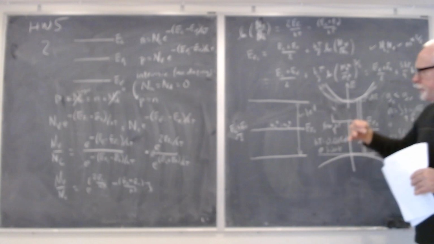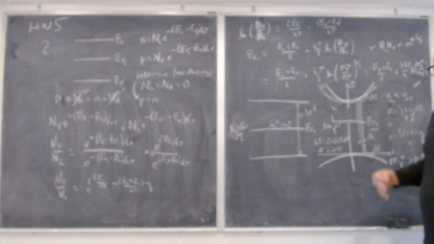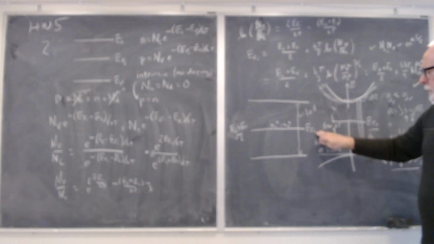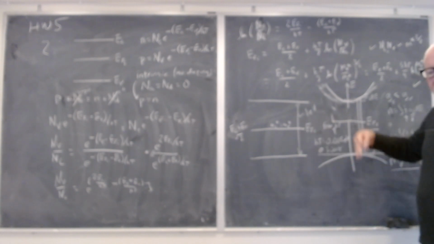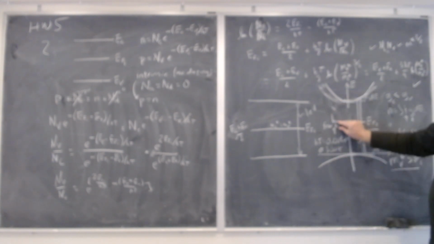So sometimes we just make the approximation that the intrinsic Fermi energy is in the middle of the band gap, even if the effective masses are different, which is usually the case, because the shift is pretty small.